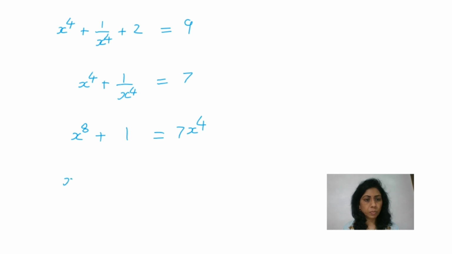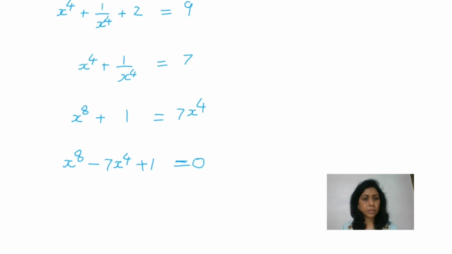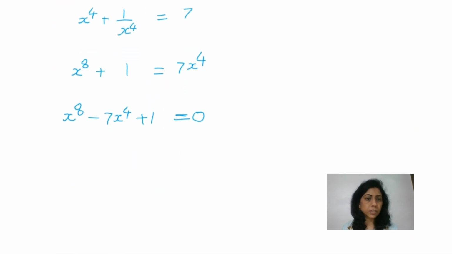So x to the power 8 minus 7x to the power 4 plus 1 is equal to 0. So we got minus 7x to the power 4. But here, given minus 7 is the same, but x to the power 7. So we have to multiply by x to the power 3.